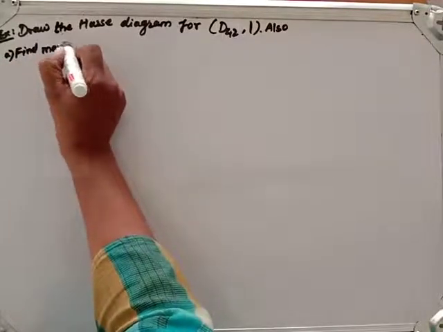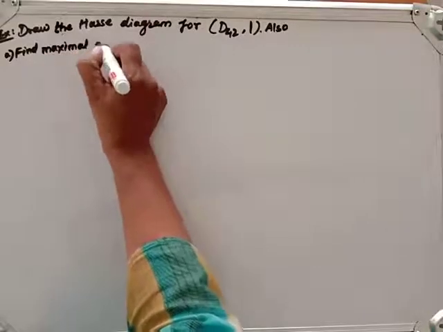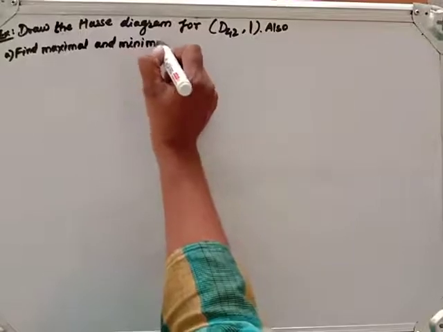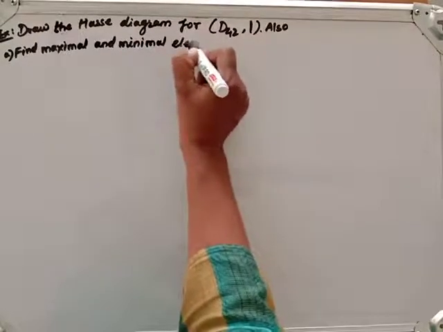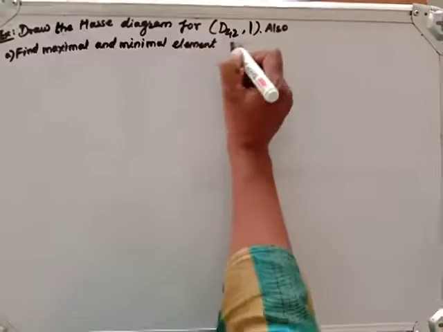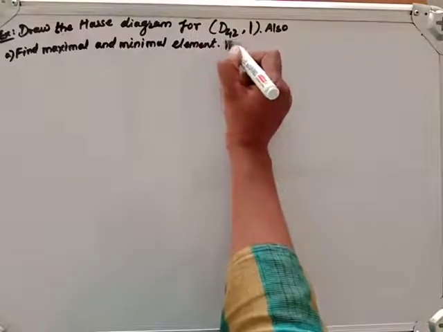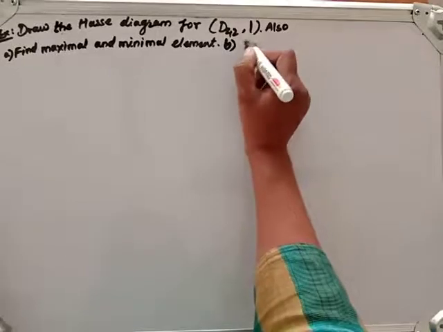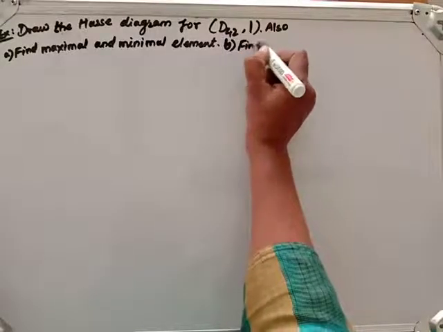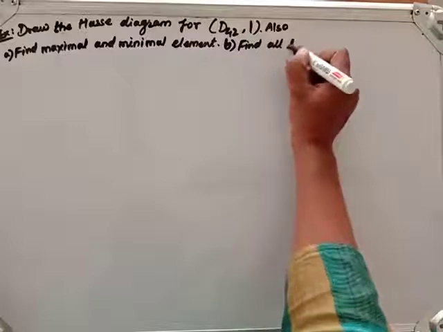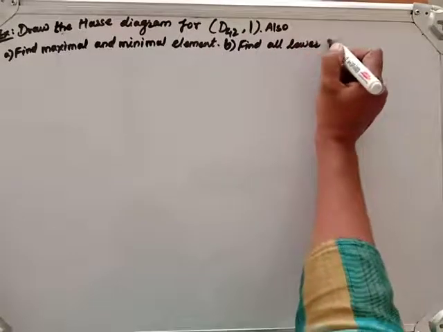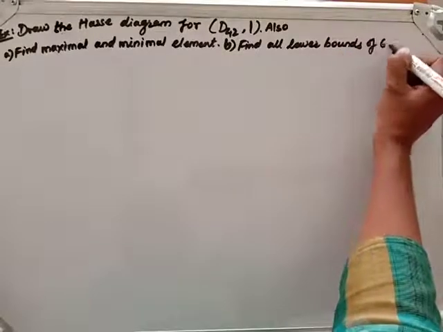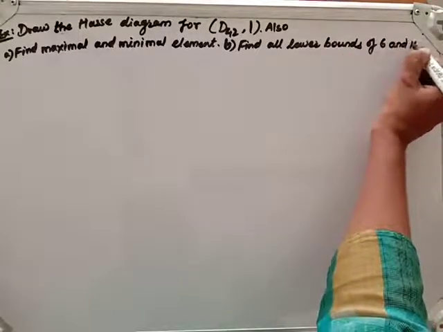Find maximal and minimal element. Second thing, suppose (b), find all lower bounds of 6 and 14.